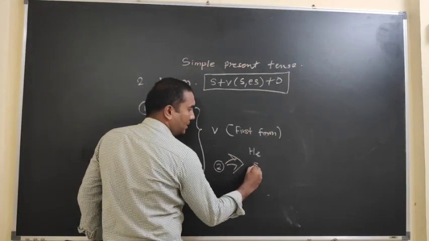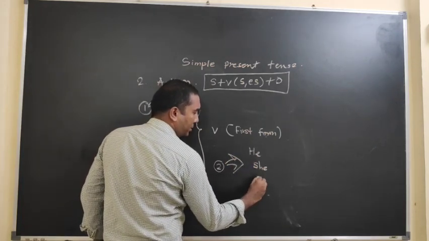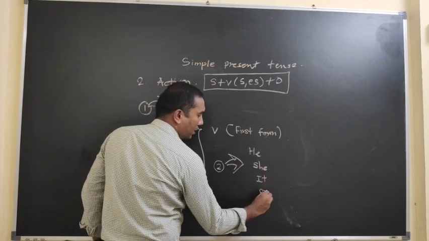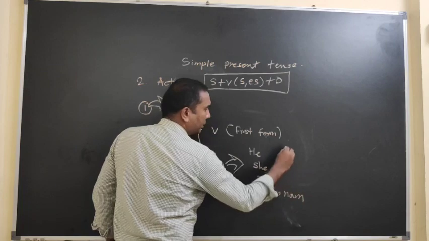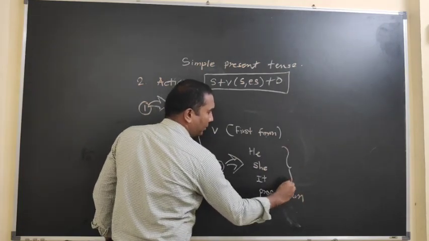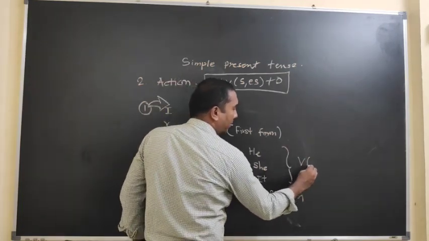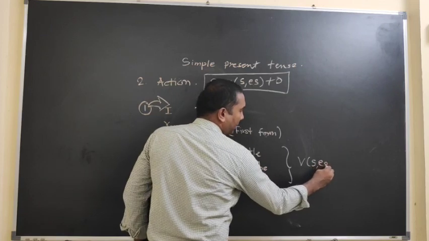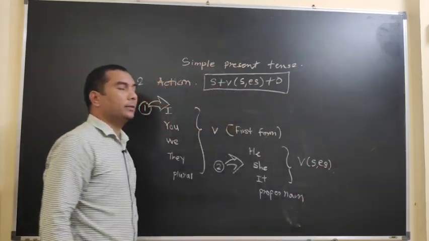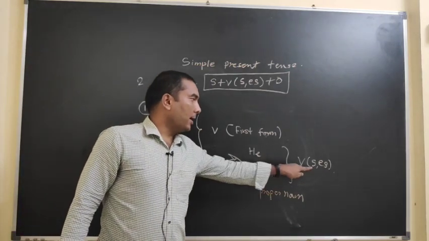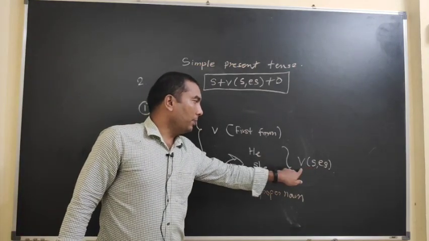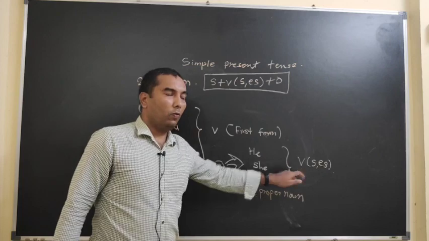He, she, it, and proper nouns will be at the place of the subject. Then we are adding s and es as a suffix for the main verb.